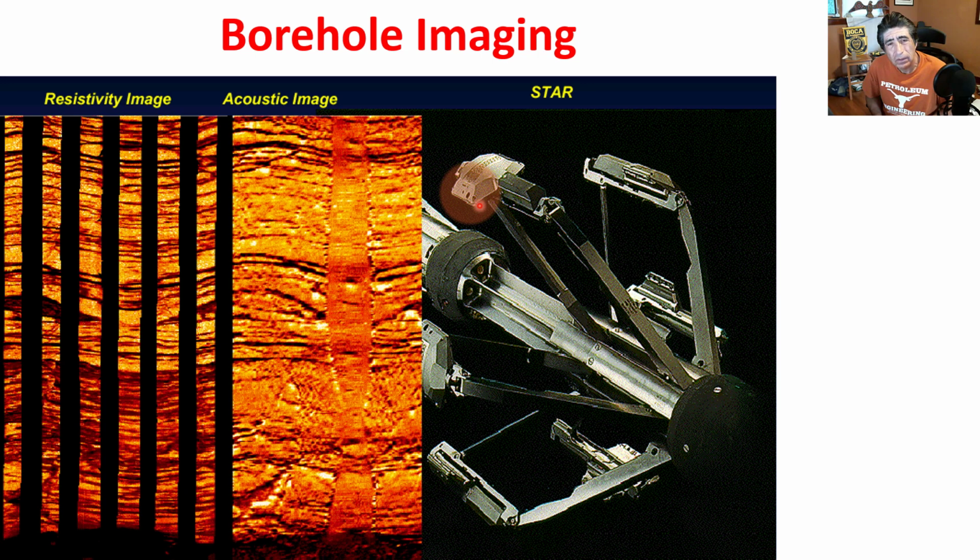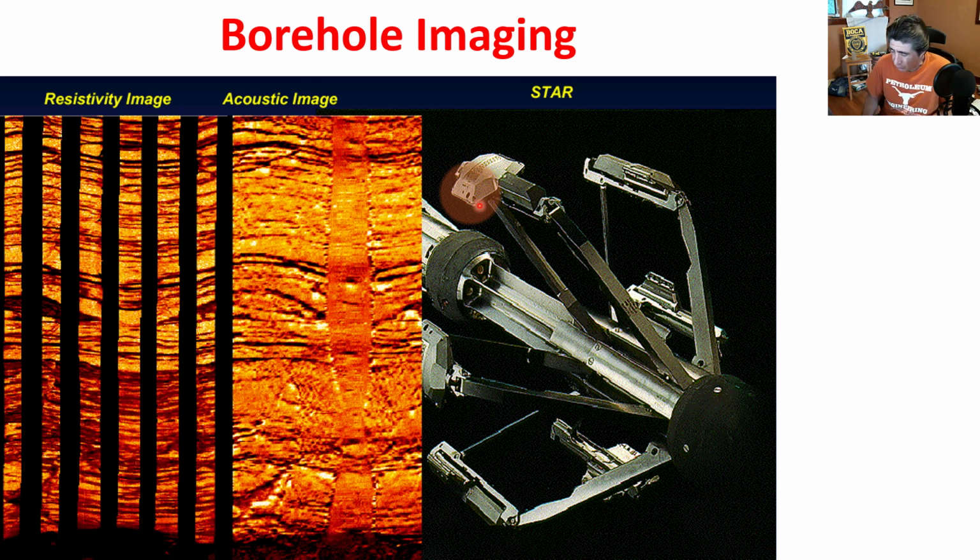There are two borehole imaging systems that we use in formation evaluation. One is ultrasonic based imaging, and the second one is resistivity based imaging. They are complementary, but also we use them in conditions that are specific for the rocks that we are encountering.